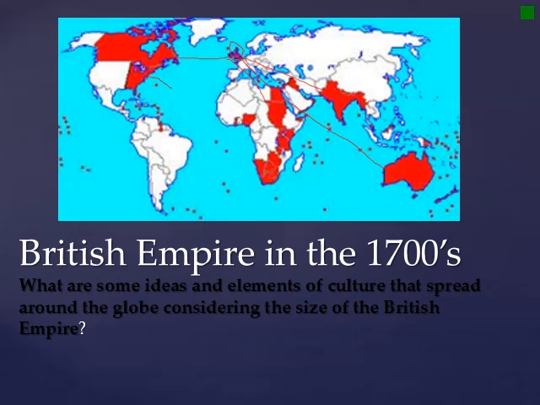For example, in America, we speak English, which was the direct result of being under control of the British Empire. And that's the same for India, Australia, Canada, and parts of Africa, such as South Africa.